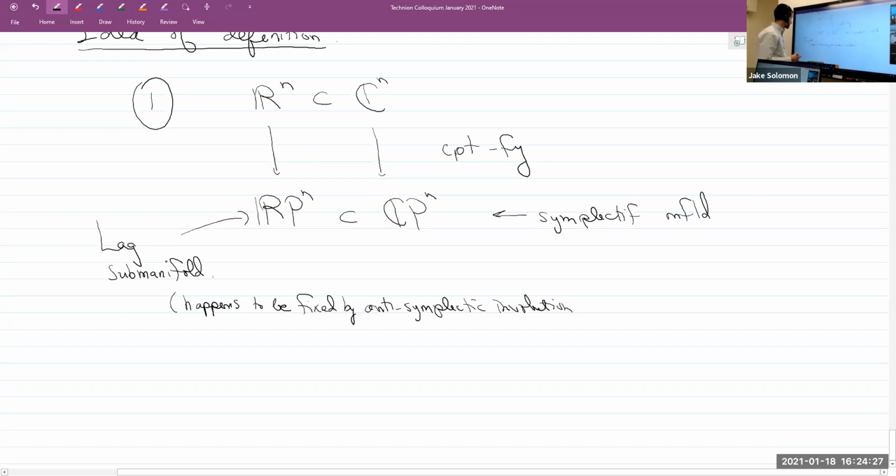So certainly, this just means complex conjugation, right? But you can make sense of this in an arbitrary symplectic manifold.